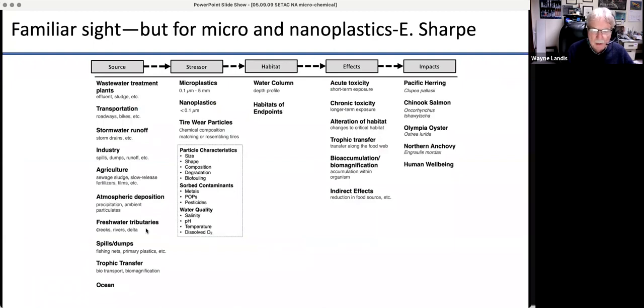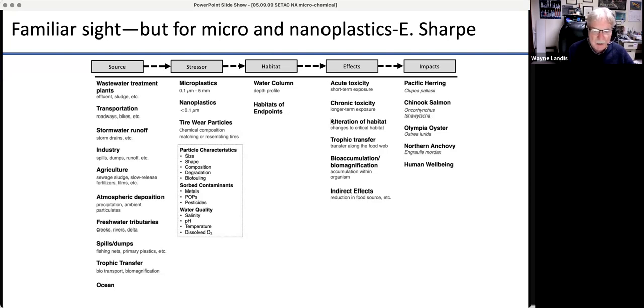Here's another one for micro and nanoplastics. This is one of the first iterations from my student, Emma Sharp, who I believe is talking also in this session. Where again, you have sources, the kinds of stressors we're looking at, micro and nanoplastics, tire wear particles, which can be both, depending upon the tire and its wear and so on. We're looking at water column in particular.